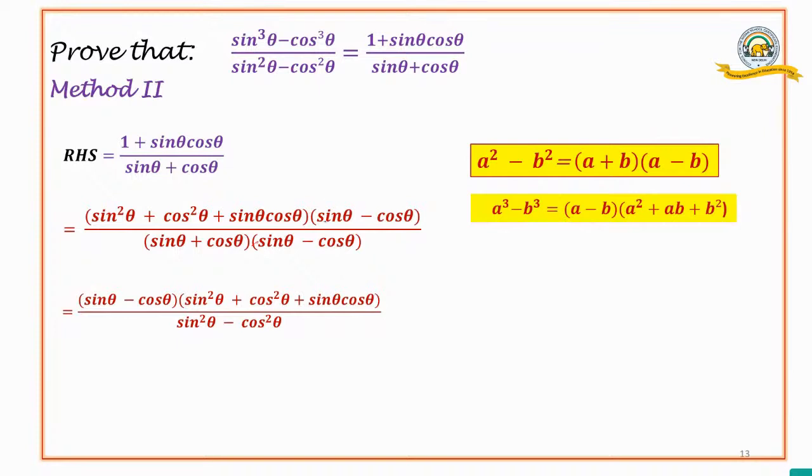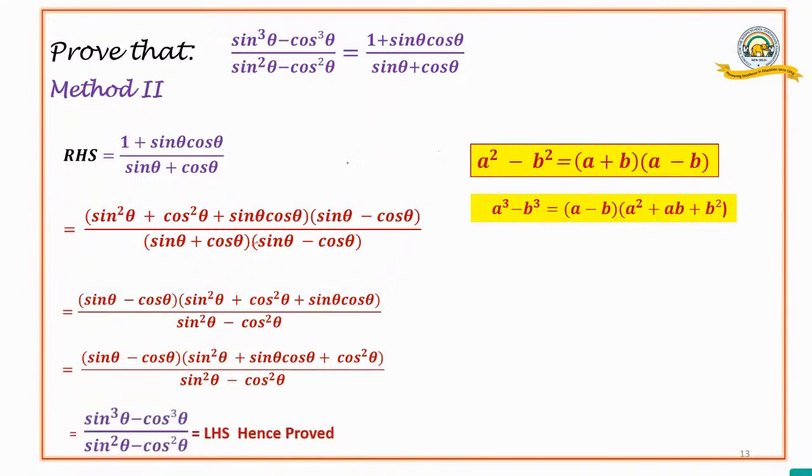So sine theta minus cos theta, rearranging, we have sine square theta plus cos square theta plus sine theta cos theta. And the denominator is coming sine square theta minus cos square theta. So this is the same sine theta minus cos theta, just putting it in this form of the identity. You can directly do also.